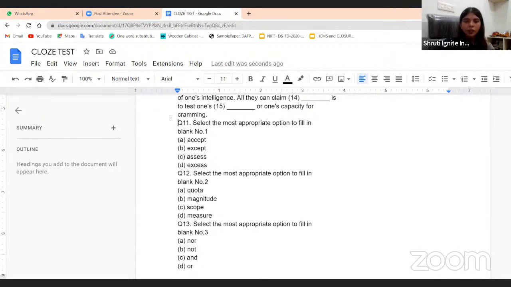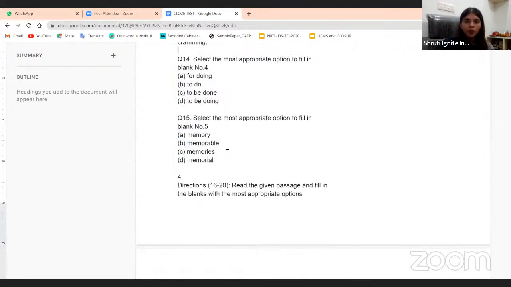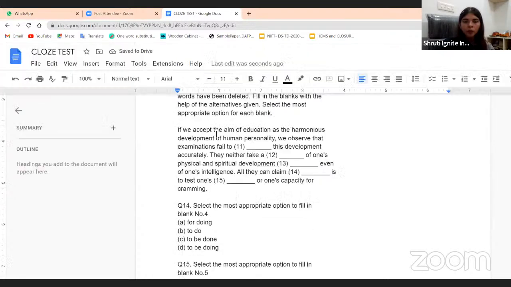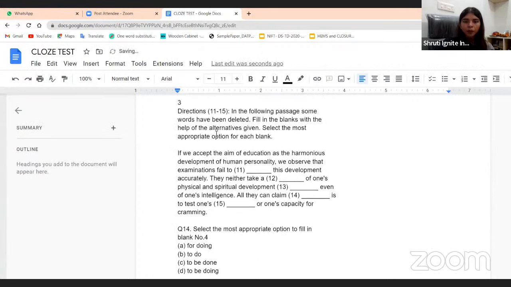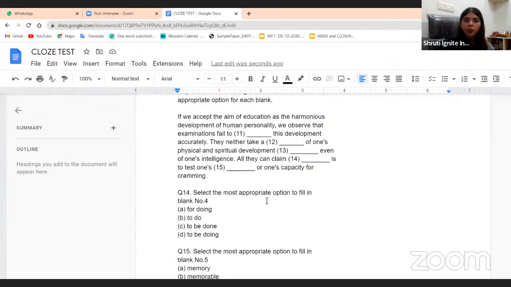Now, next up, we're looking at the claim. Okay, let me just shift this also. Yeah, so you can go through it while I do this. All they can claim dash is to test one's dash or one's capacity for cramming.